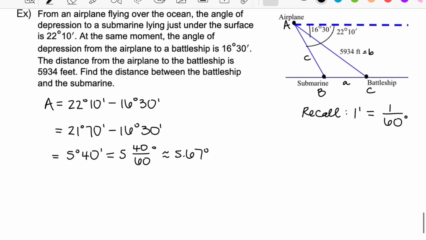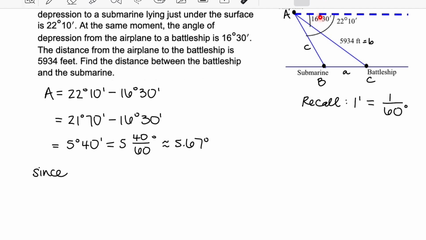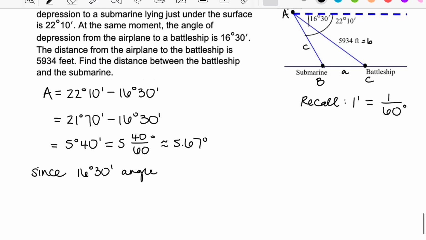All right, so we have another piece of information. We have this angle here. Now if you remember from the last video when we were talking about alternate interior angles, we actually have the angle for this. So this angle here, this 16 degrees and 30 minutes, and our angle C here are what's called alternate interior angles.